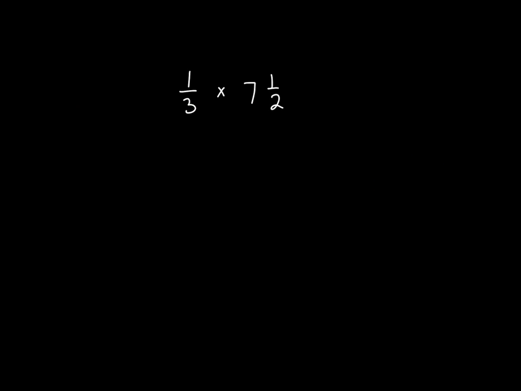Okay, this time we only have 1 that needs to be changed. We leave 1/3 like it is. And then 2 times 7 plus 1 over 2, and that would be 15 over 2. Now looking for things to cancel, we have the 3 and the 15 can both be divided by 3.